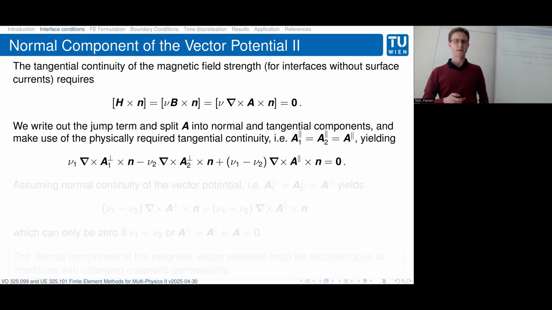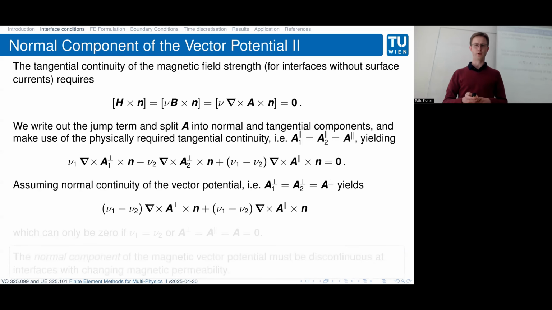Then we can collect the A1 and A2 parallel terms together. We have the difference in the permeability in front, and we have also already seen that we need normal continuity of the vector potential. So we can also collect those together.